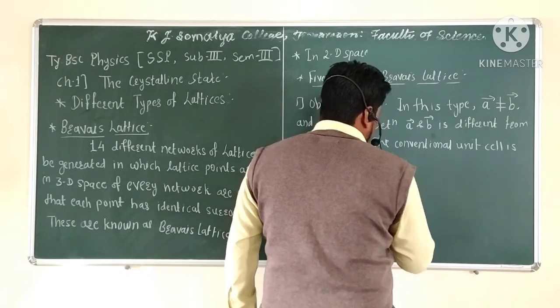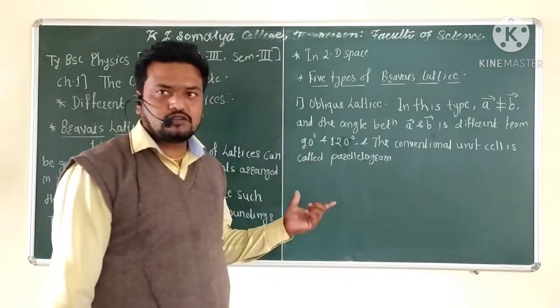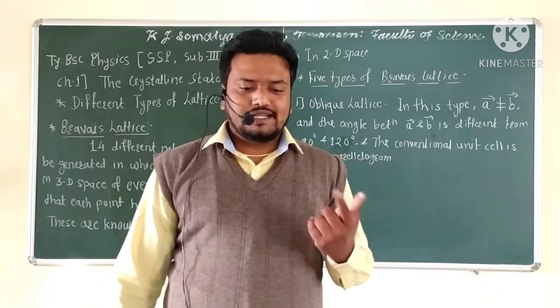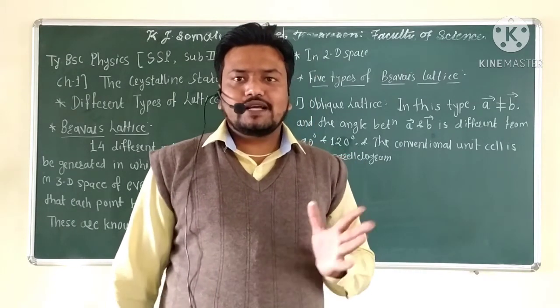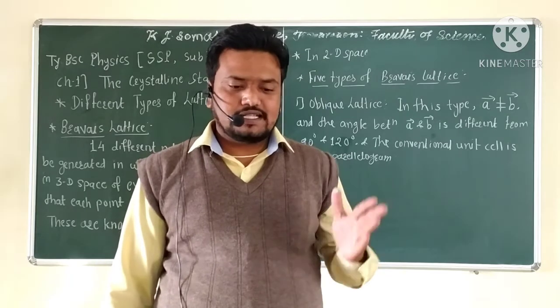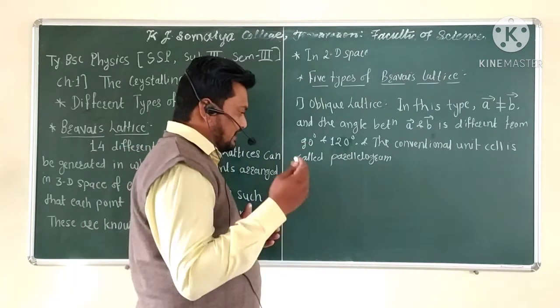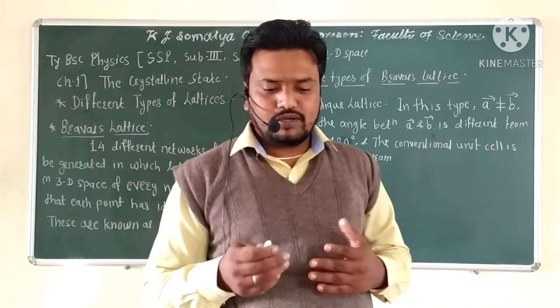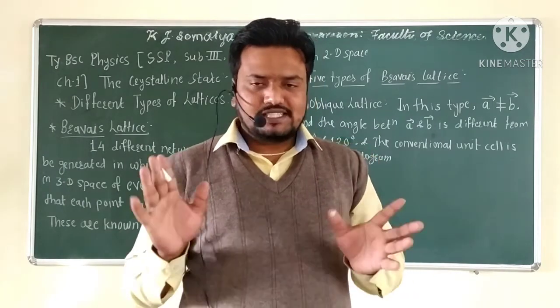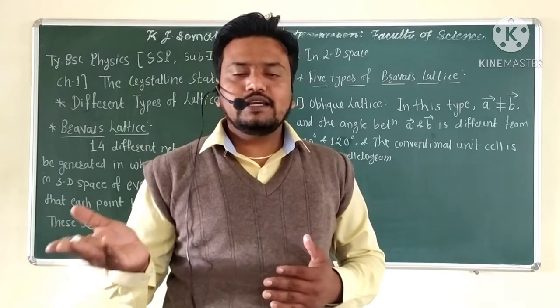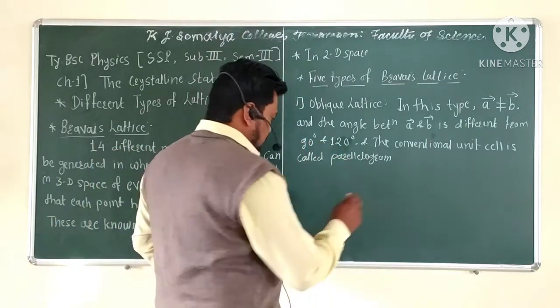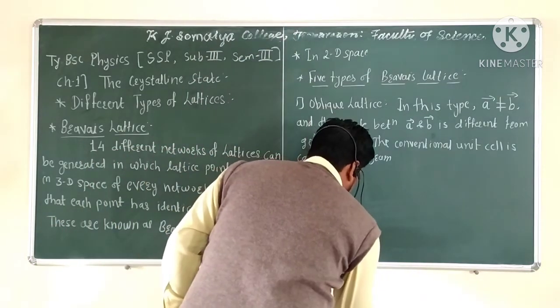So this is the main condition of the oblique lattice, and we have to see the diagram of this oblique lattice, considered as a parallelogram, with vectors A and B whose sizes are not equal and whose angle is different from 90 degrees and 120 degrees. Consider this oblique lattice.